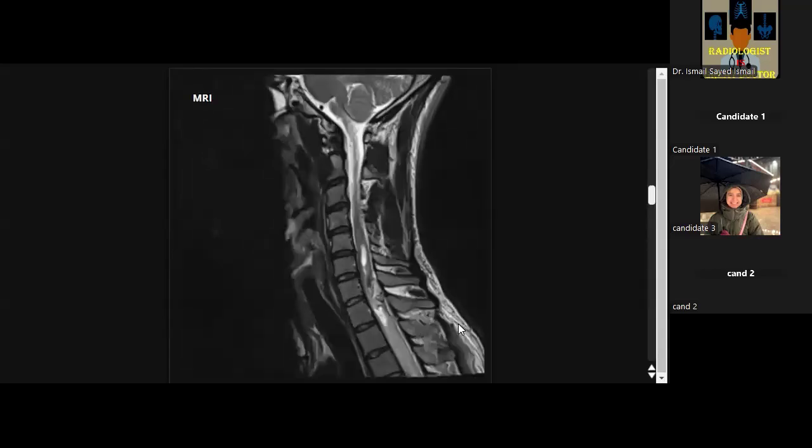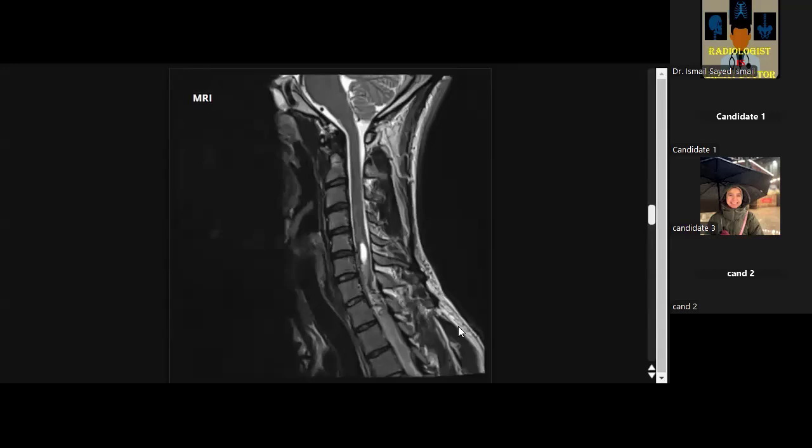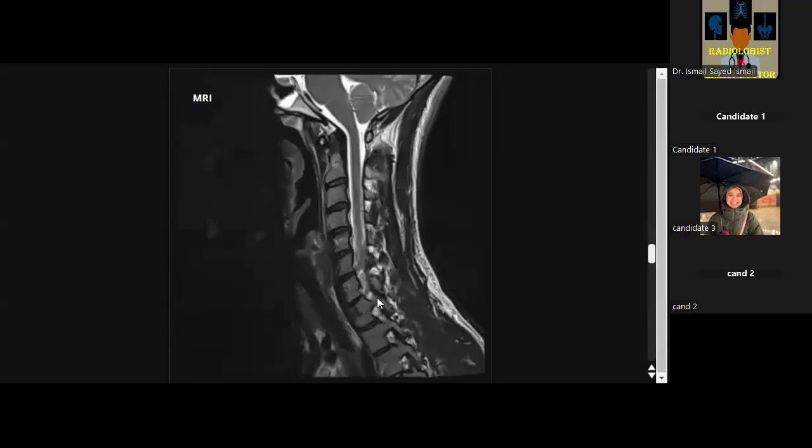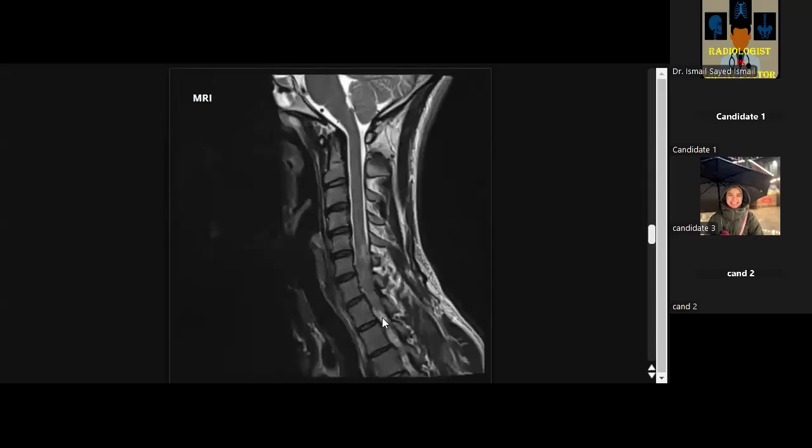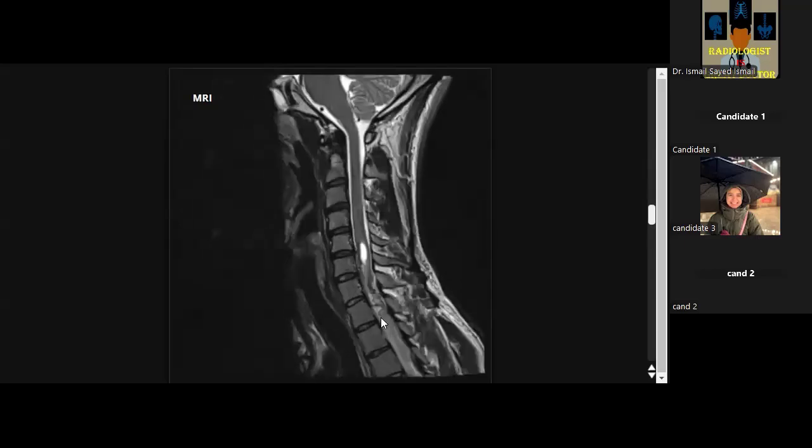Okay, this is a T2-weighted sequence of the same patient. I can see abnormal high signal intensity affecting the spinal cord intramedullary, with expansion of the underlying segment of the spinal cord. I can also see serpiginous structures on the posterior aspect of the spinal cord. This may represent flow voids.